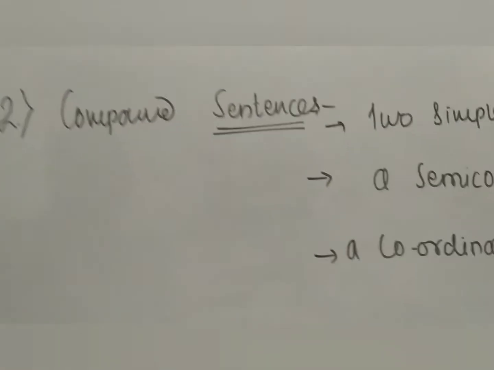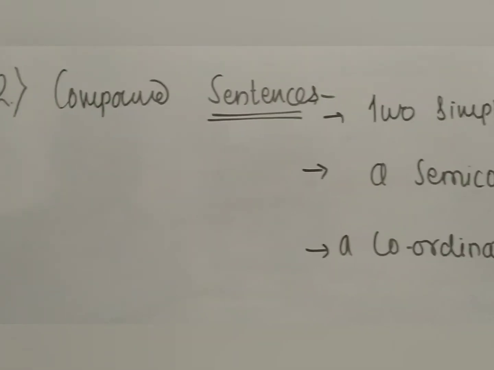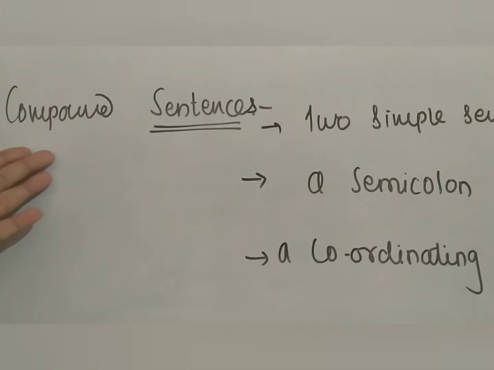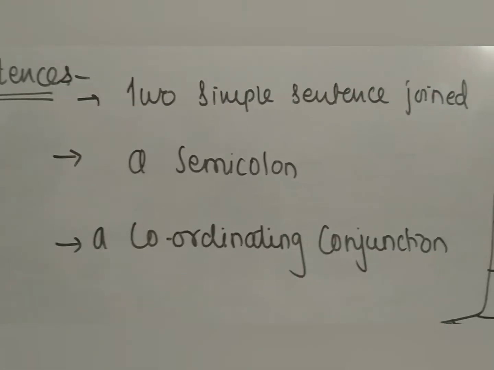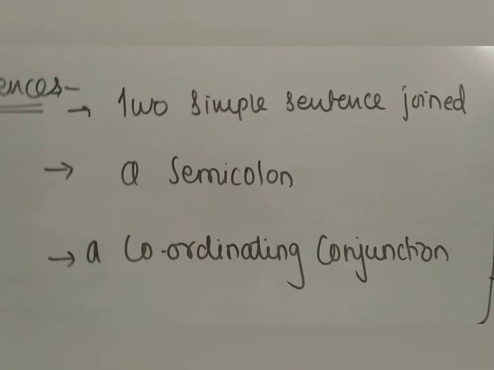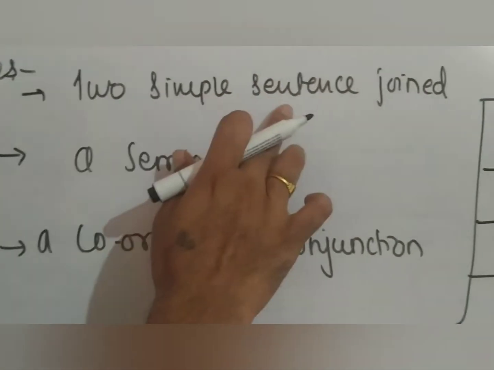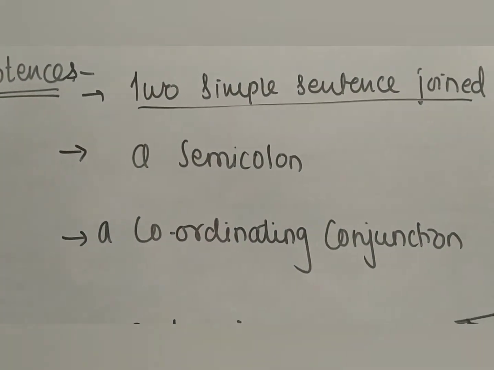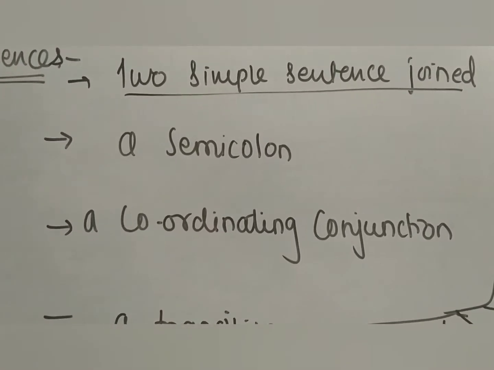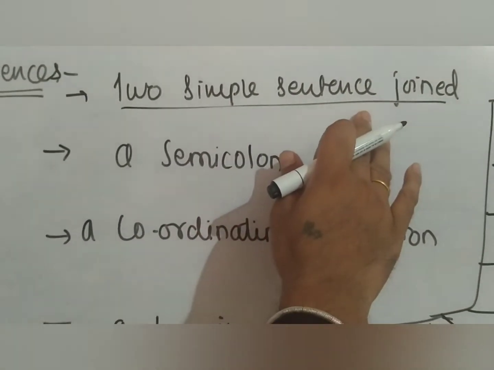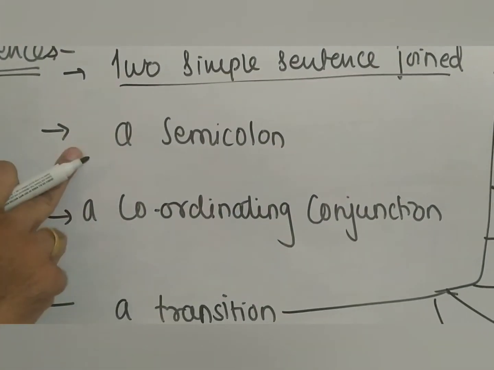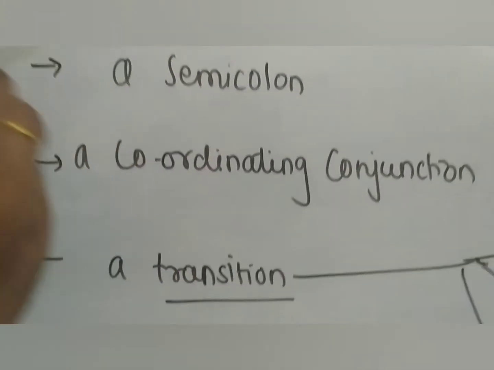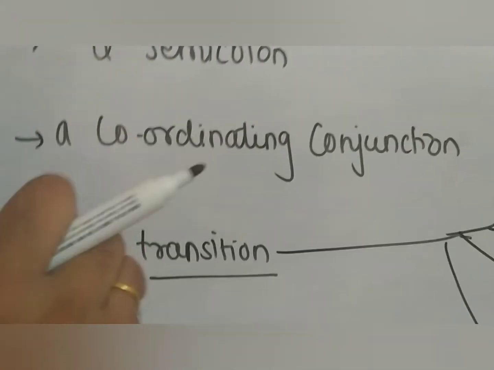Now friends, there are some important points to keep in mind, and then it is very easy to identify a compound sentence. Which are the important points in the above information? Two simple sentences join. Friends, in a compound sentence there are two clauses, and each is also a simple sentence, so we join two simple sentences. Then use a semicolon. It is very important to use the proper symbols to write the sentence.